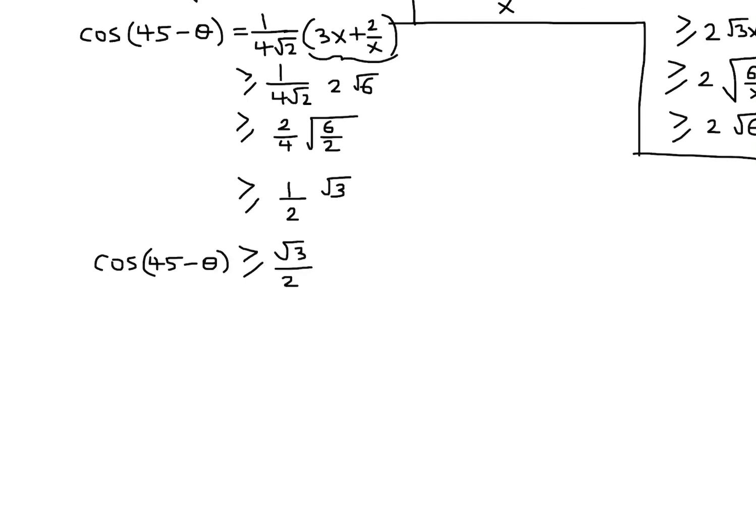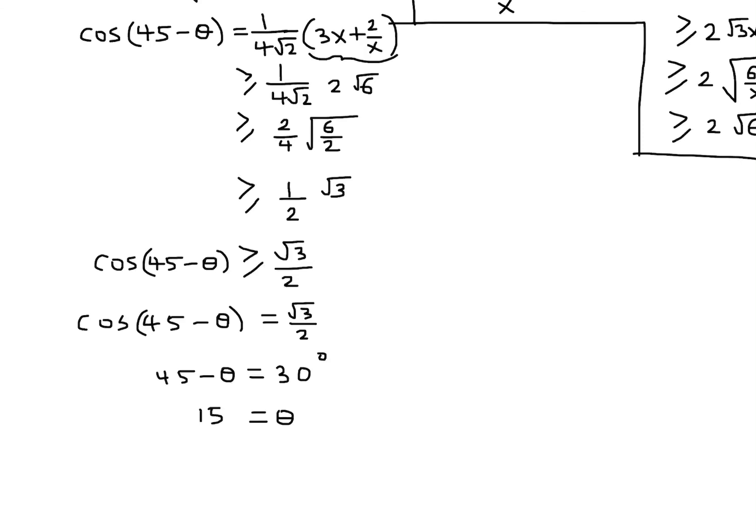And if the cos of 45 minus theta is equal to root 3 over 2, then 45 minus theta would be equal to 30 degrees. And therefore theta would be equal to 15. And that is our answer. That is our minimum value.